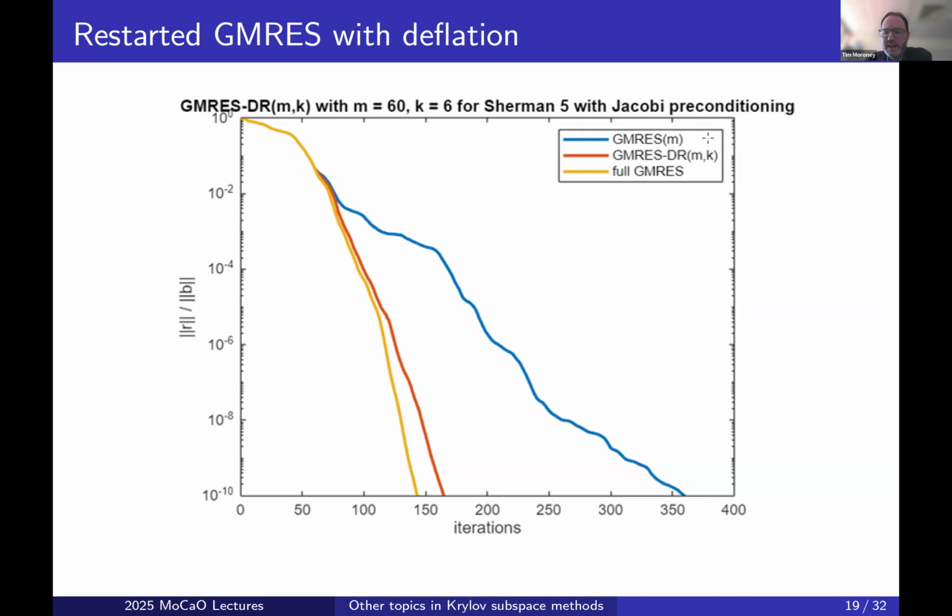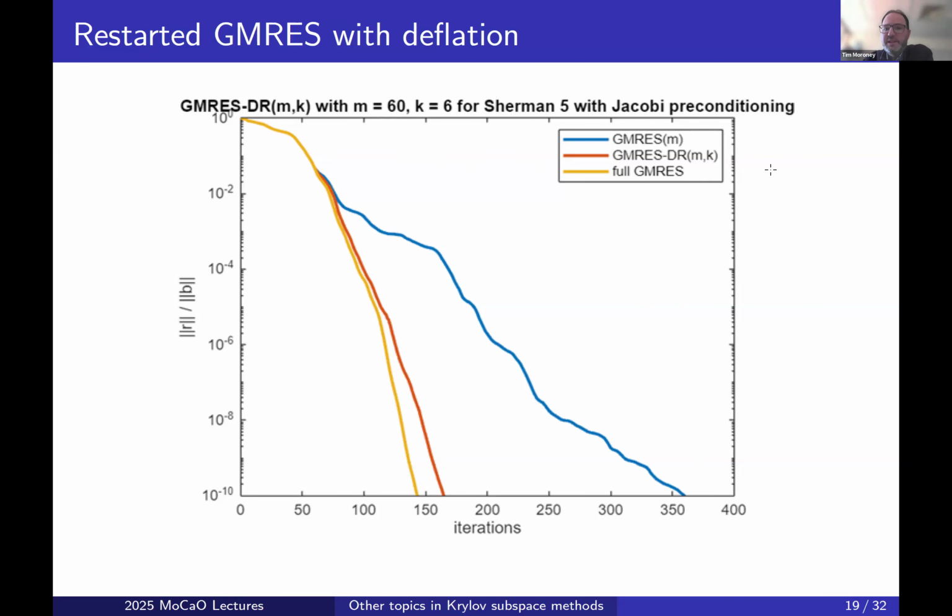GMRES is doing the best it can to peel off these components of the residual that cause it trouble and to kill them off. So every time you restart, you are getting the benefit of whatever work GMRES did in the previous cycle to kill off those components of the residual, but you've just got one vector's worth. If not much is happening inside your dimension m, then your convergence can stall. But nor does it mean the convergence is a regular progression at a certain rate. You can get speedups where those components have more or less been deflated in the natural way.